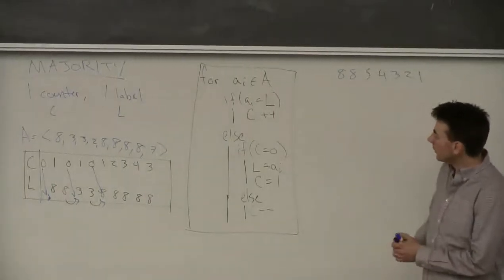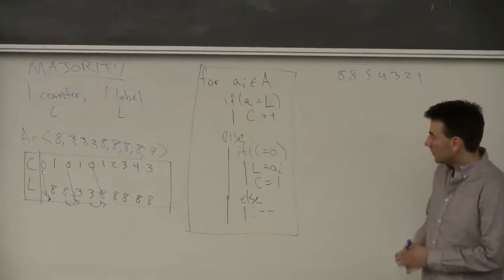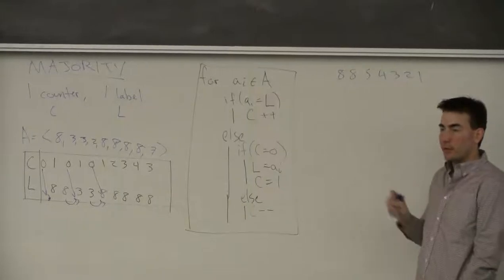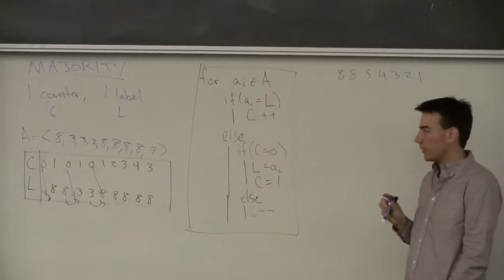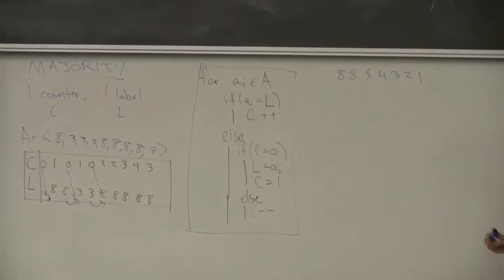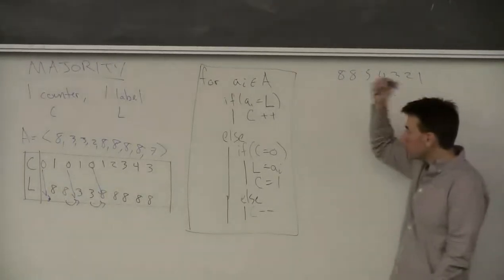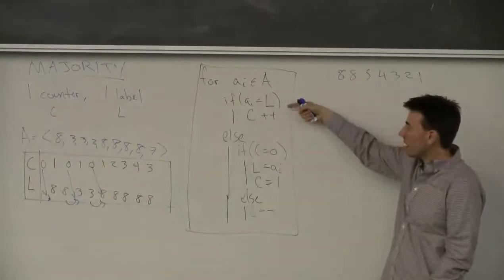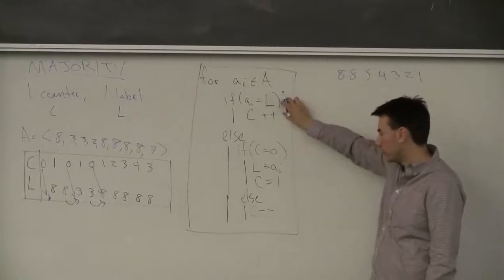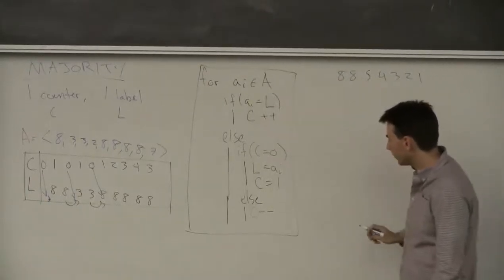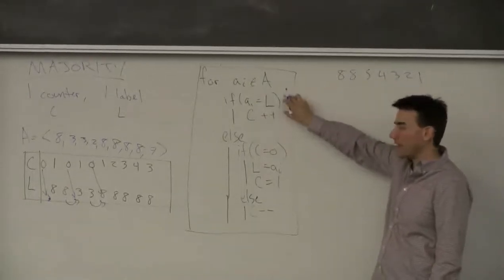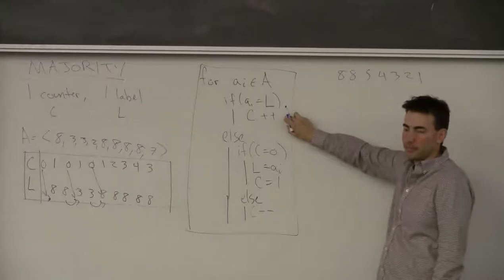Okay, so to see why this works, that means that something was in the stream at least m over 2, or greater than m over 2 times. Right? So that means that every time I saw the element, this step happened, and that means I have the label, I incremented my counter.